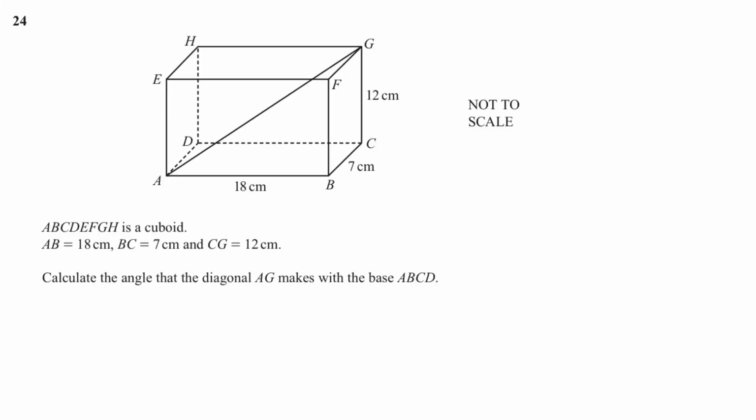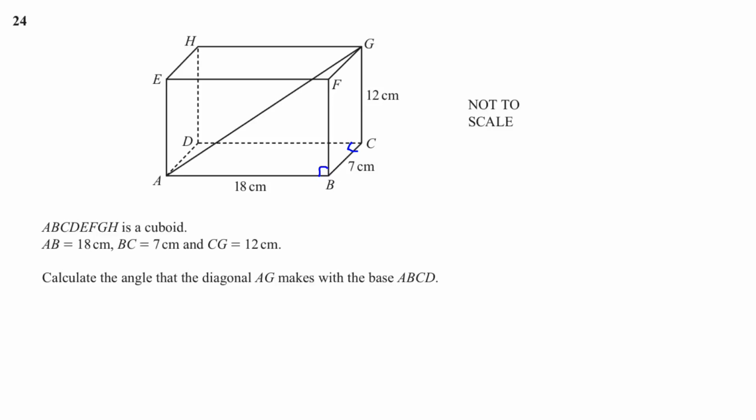In question number 24, we have been given a cuboid and the lengths are given to us. We have to find the angle that the diagonal AG makes with the base ABCD. Whenever you have a question like that, remember that even though it does not look like it, each angle at the sides is 90 degrees, because it's a cuboid.